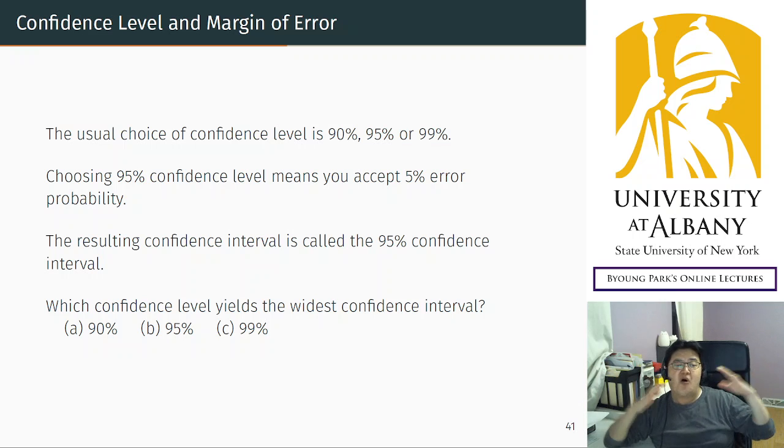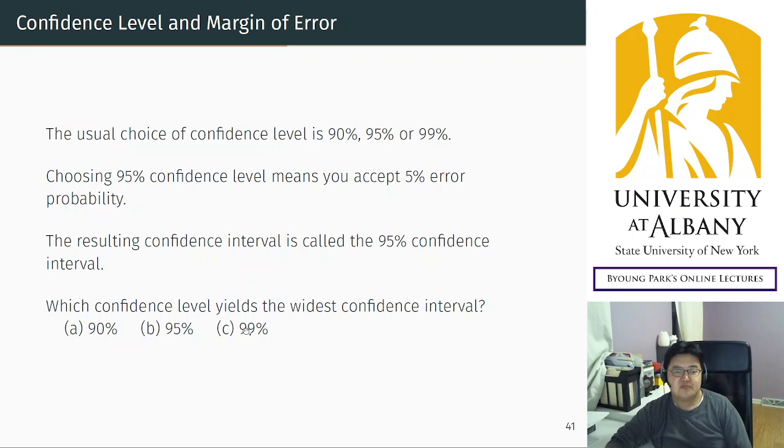The wider your interval is, the more likely it is correct. Therefore, a 99% confidence interval implies a wider interval than 95% or 90%. The higher the confidence level is, the larger the interval would be.